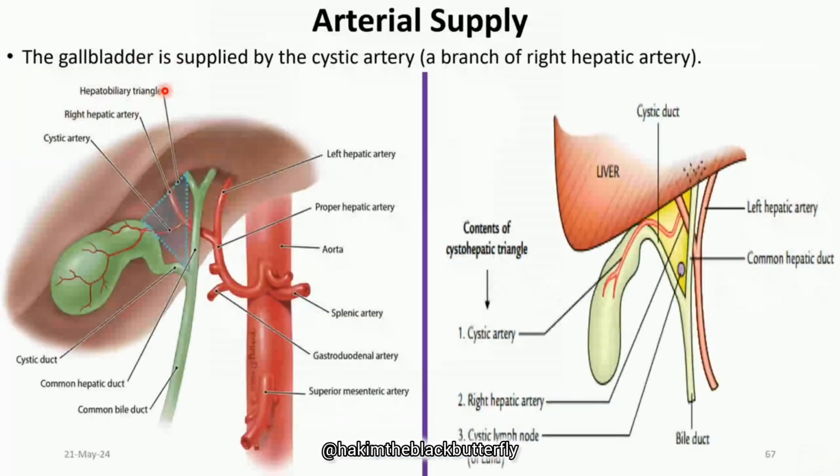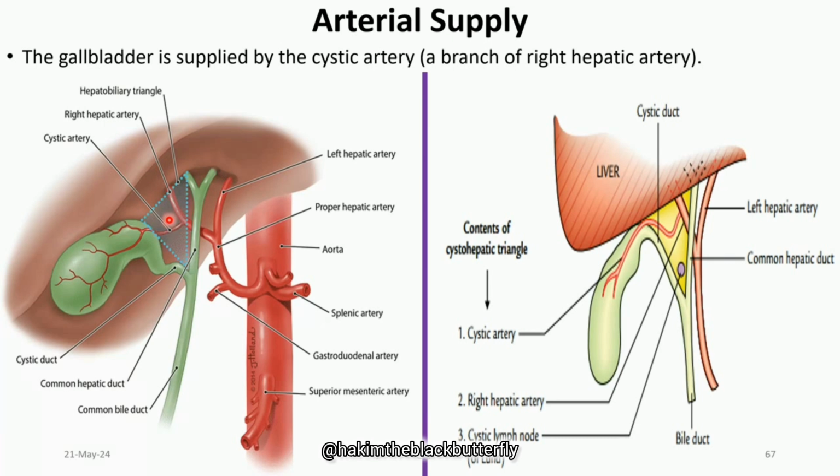Okay, so your gallbladder, of course, just like any other organ, has to be supplied with nutritious blood, and it's going to be supplied by the cystic artery, a branch of the right hepatic. In most cases, it's a branch of the right hepatic, but of course there can be variation, but this is the most typical origin of the cystic artery, from the right hepatic.